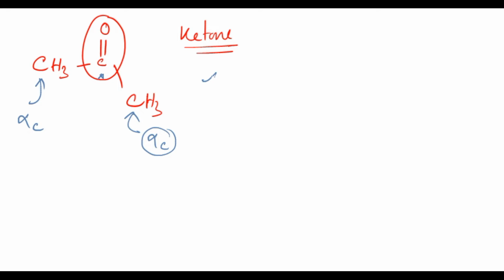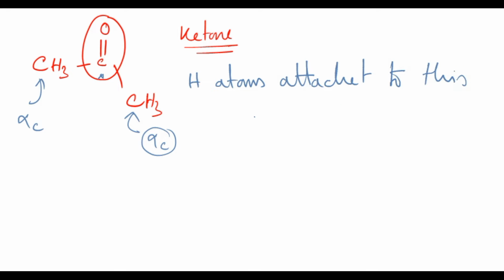The H atoms attached to this alpha carbon are alpha hydrogens. Now see, they must be present in order to show tautomerism.